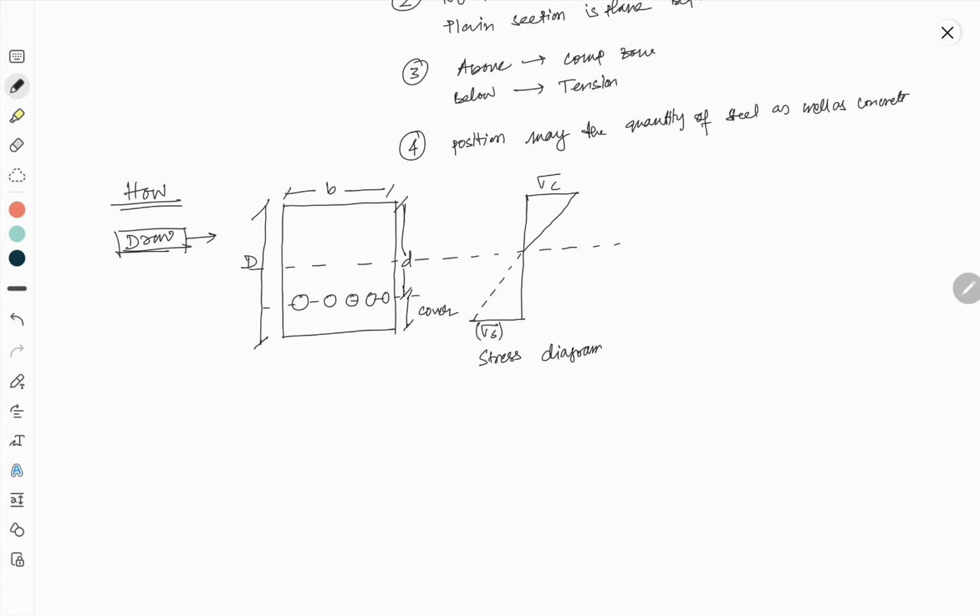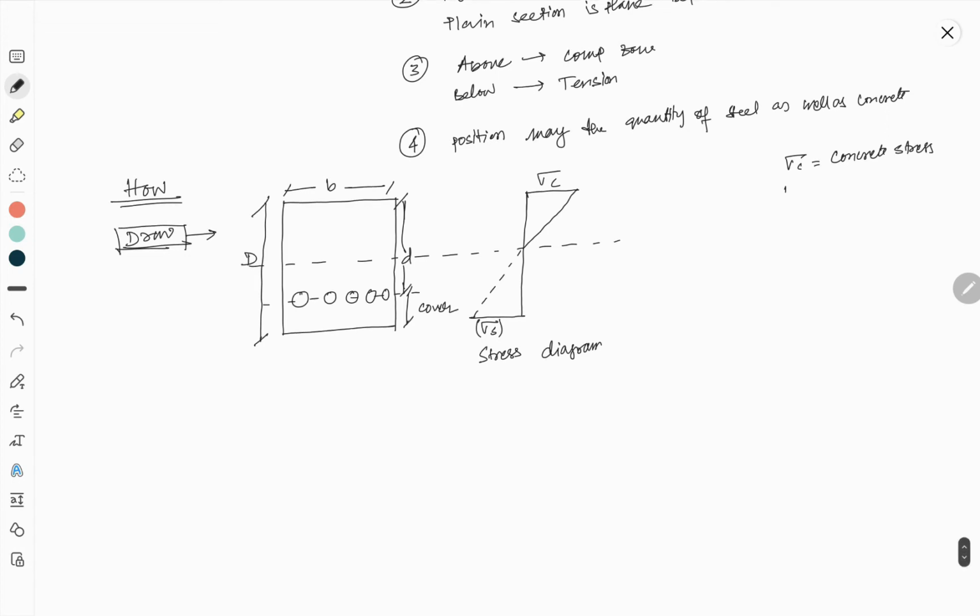Sigma c is your concrete stress, sigma s is steel stress, d is effective depth. This is your n.